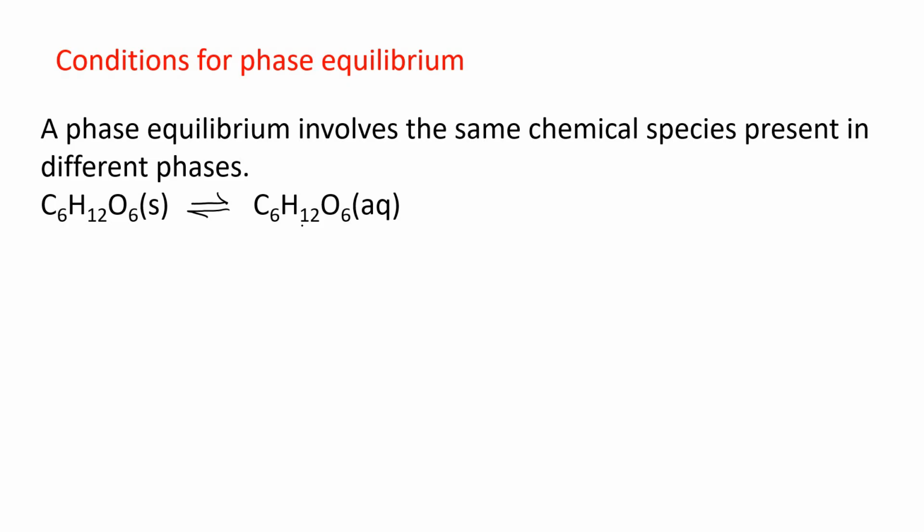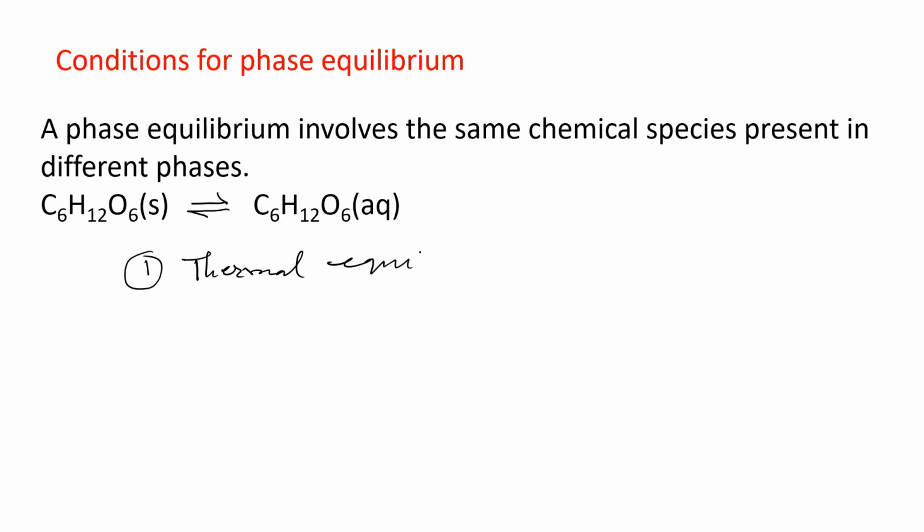Now, what are the conditions for phase equilibrium? If equilibrium exists between the different phases of a system, here it is a closed system, then what conditions must be fulfilled? Number one, first condition is thermal equilibrium.